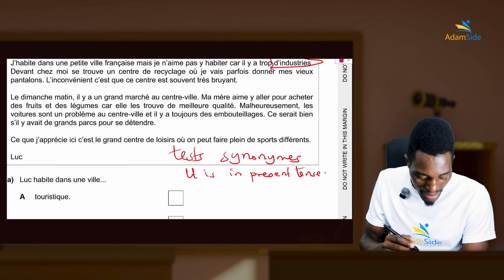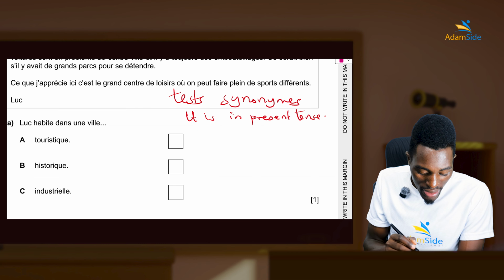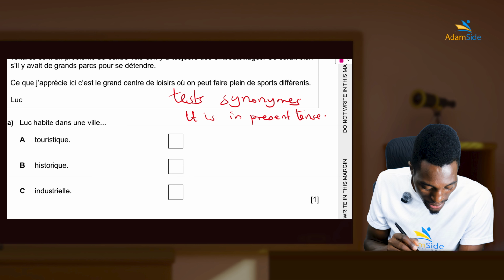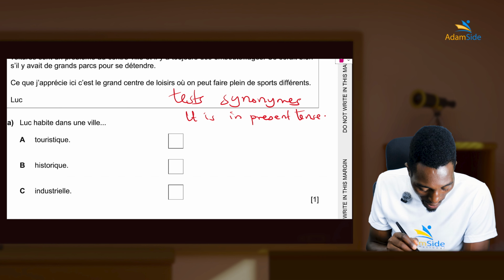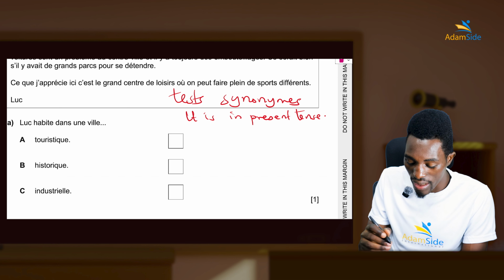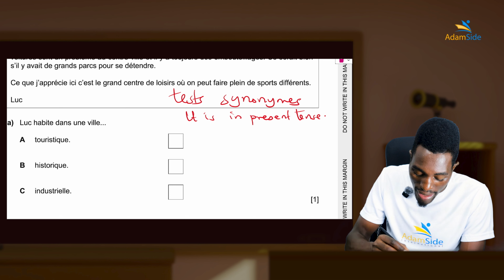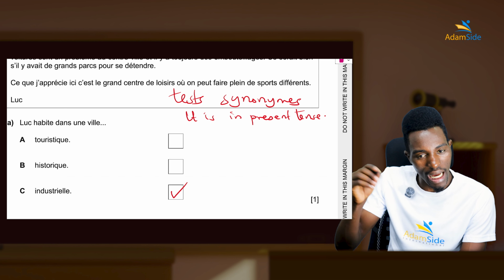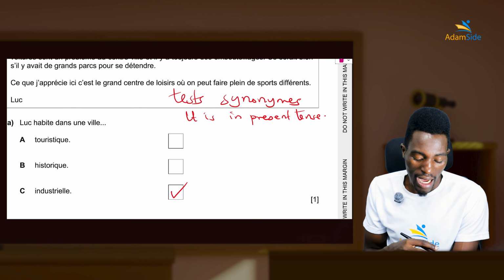The question is that Luc lives in a town that is A. Touristic, B. Historic, C. Industrial. So the answer is industrial. So I have to put a tick. Here I'm not writing a letter, I'm just putting a tick on the correct answer.